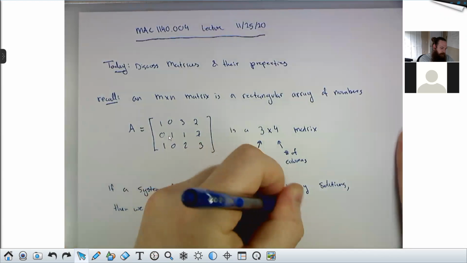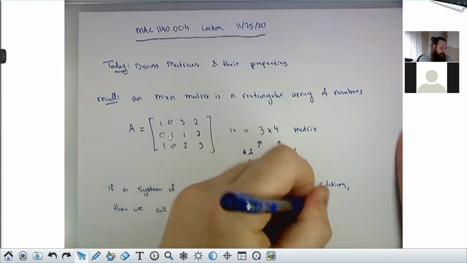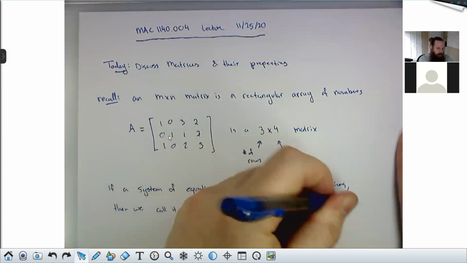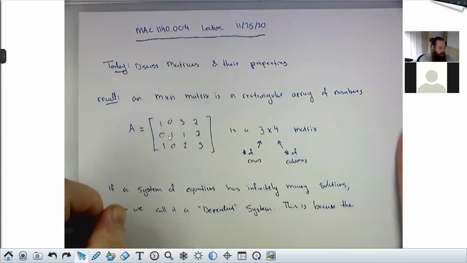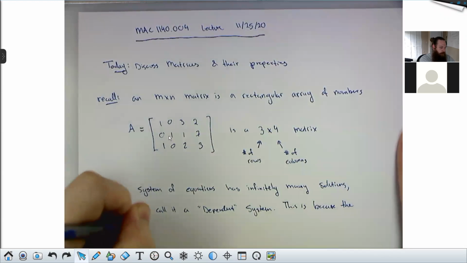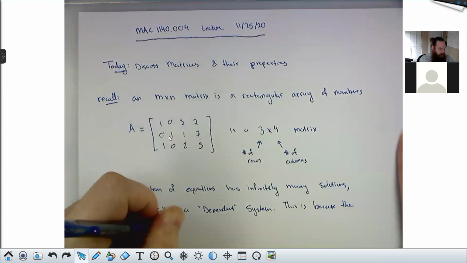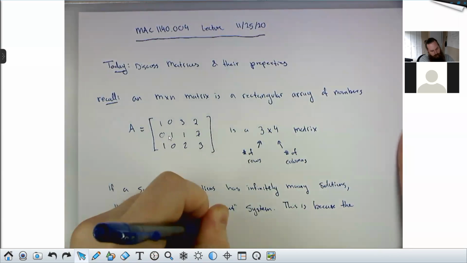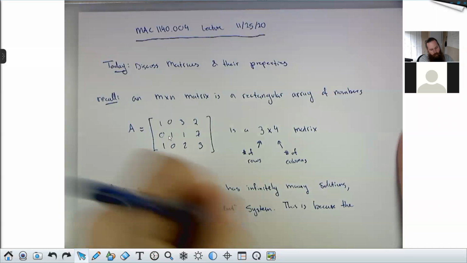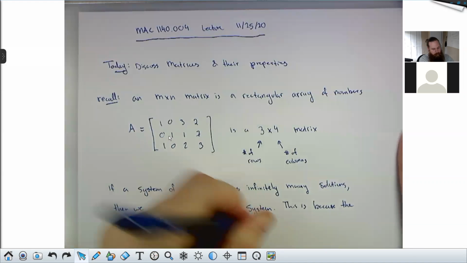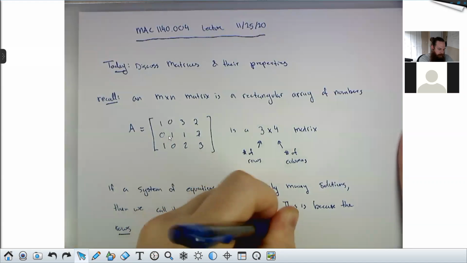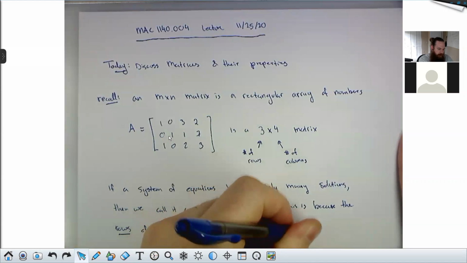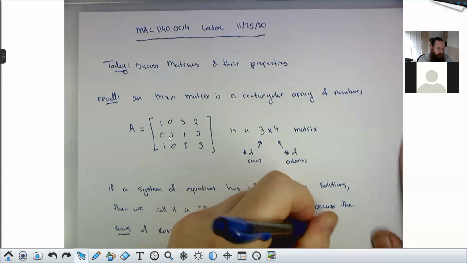This is because the rows of the corresponding matrix will be, the word here is linearly dependent.